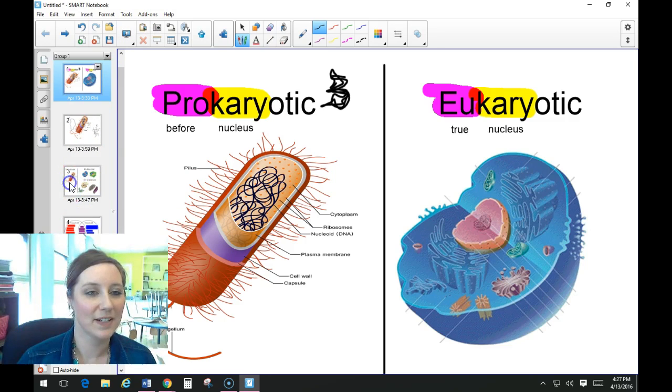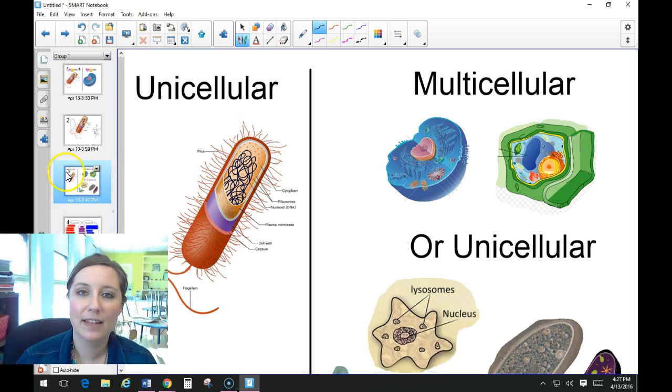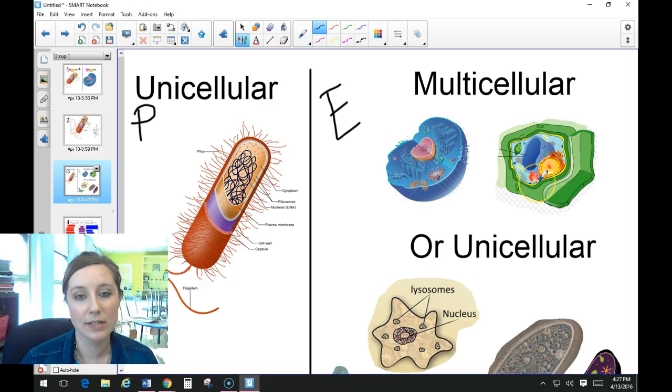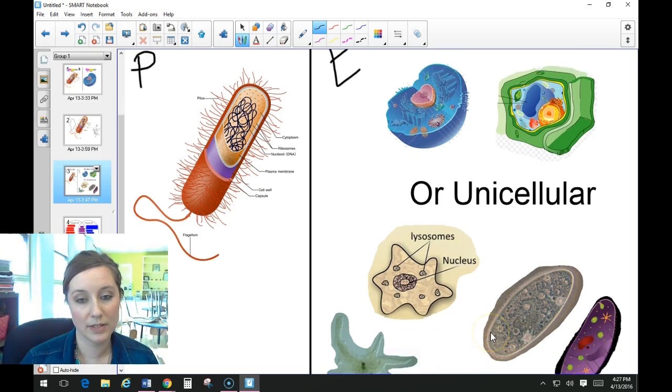Now, one other difference that we can look at, back at the beginning of our cell unit, we talked about organisms and that we can have multicellular organisms or unicellular organisms. Our prokaryotic cells, they are always going to be unicellular. They're only going to be one-celled. Eukaryotes, though, they can be made up of many cells and be multicellular, or they can be unicellular.